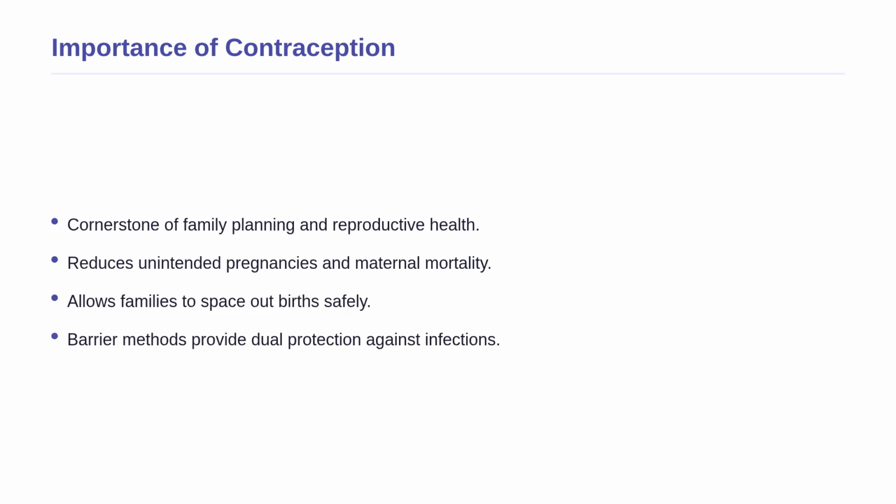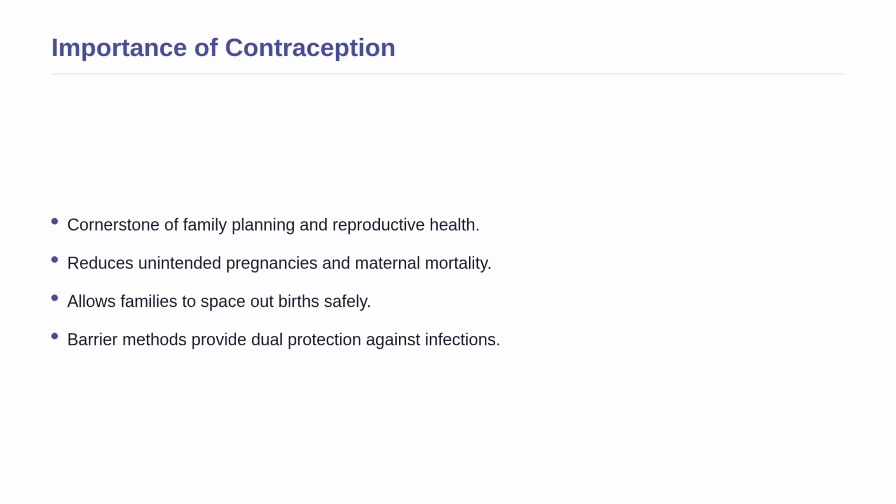Building on these intervention strategies, we must recognize why this matters so much globally. The importance of contraceptive methods cannot be overstated. They are the absolute cornerstone of family planning and global reproductive health. Without these methods, individuals would have very little control over their reproductive destinies, leading to significantly higher rates of unintended pregnancies and maternal mortality.